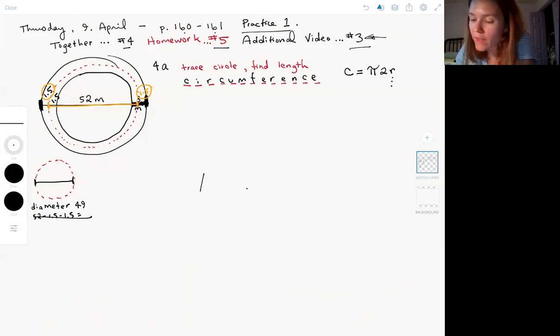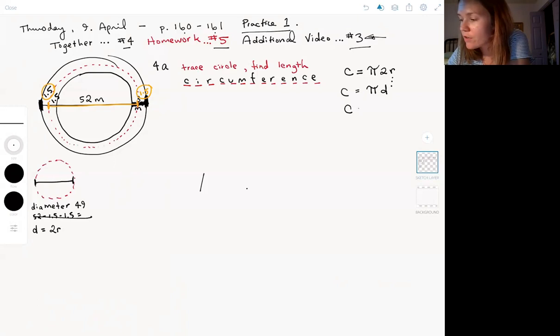And we know that our radius is going to be half of this number, but we could also reason that if the diameter is equal to 2 times the radius, then instead we could say circumference is pi times d, because d is 2r.